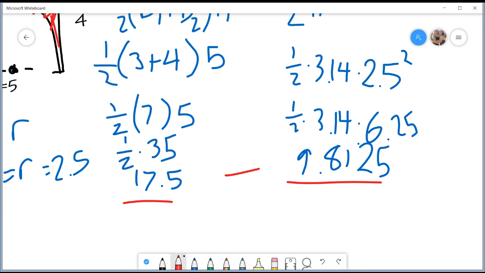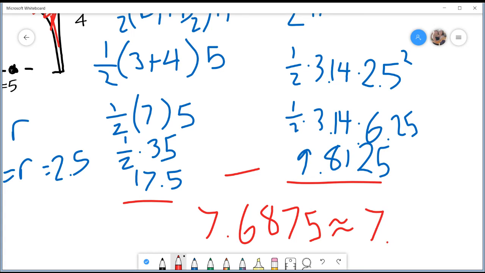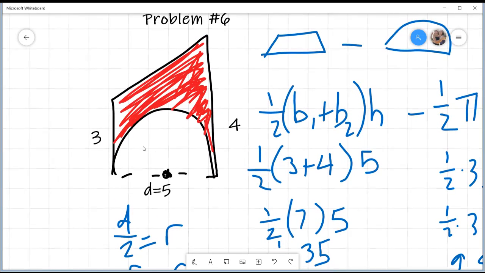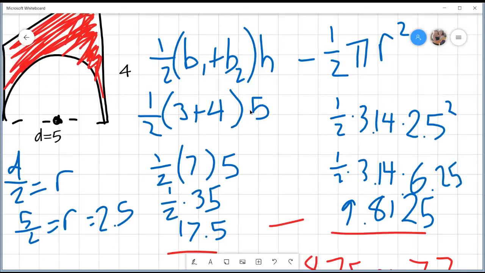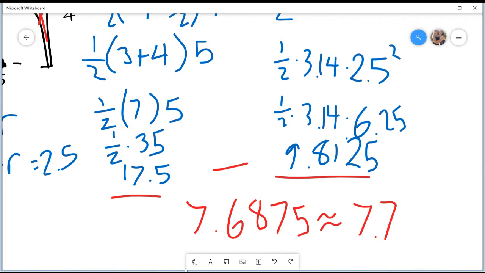And when we do that, we get 7.6875, which, if you round to the nearest tenth, is 7.7 for our total area of the shaded part of the whole trapezoid minus the semicircle that we took out of it.